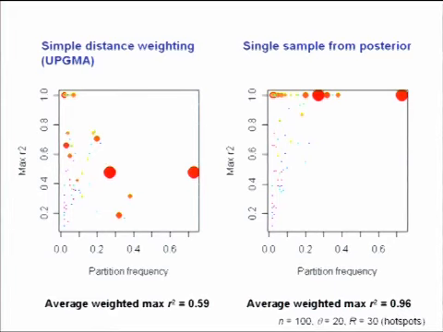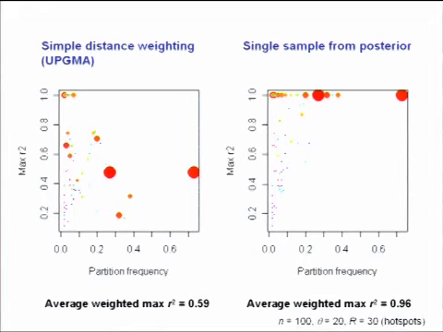Sorry, this is probably too much detail, but the key point is that if you just take your data and you do something that's not totally daft, for example, you just apply a clustering algorithm and look at the dendrogram that came out of that and ask how well did that represent the tree, this is just a single sample, you can actually do reasonably well, with an average weighted maximum R squared of about 0.6 in terms of these bipartitions.